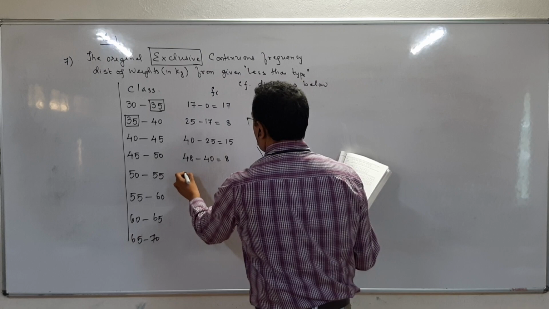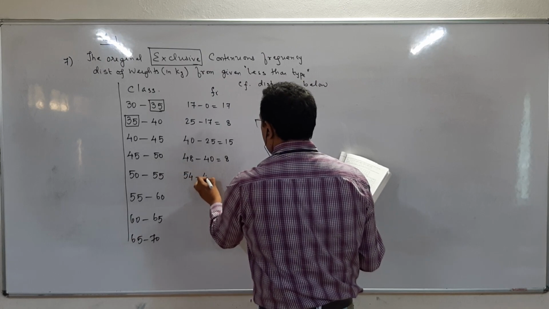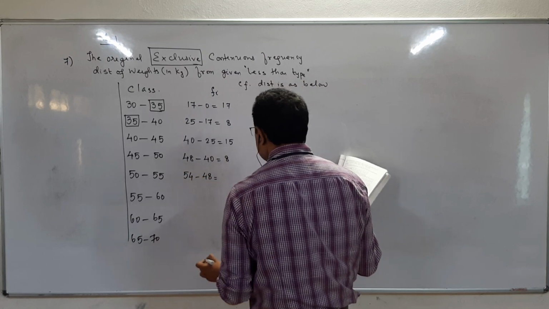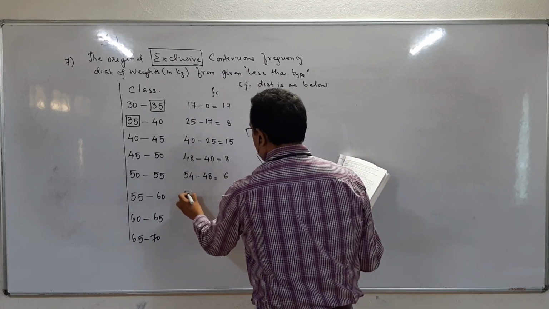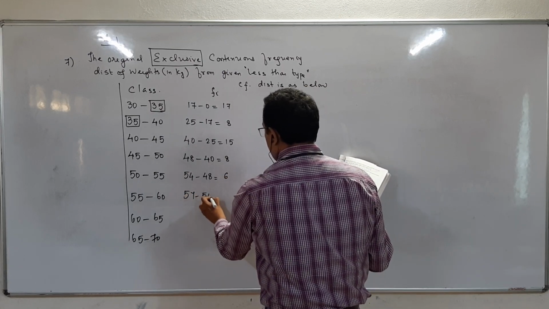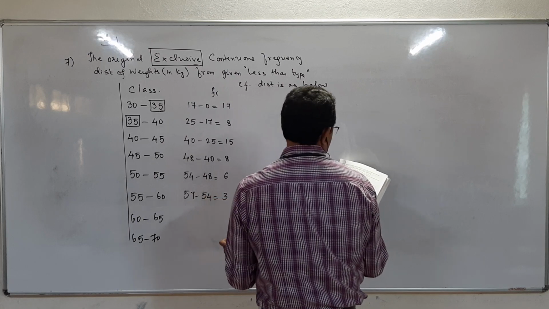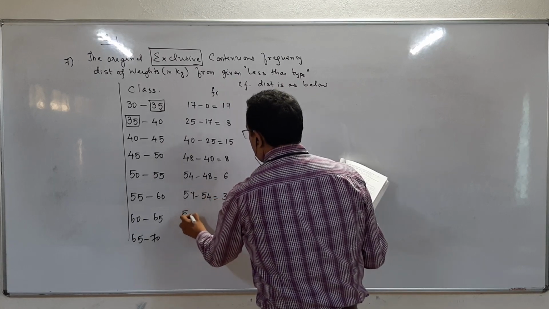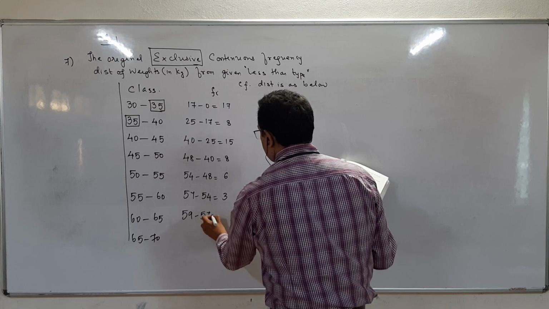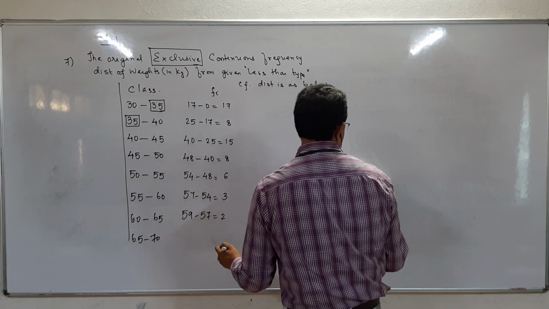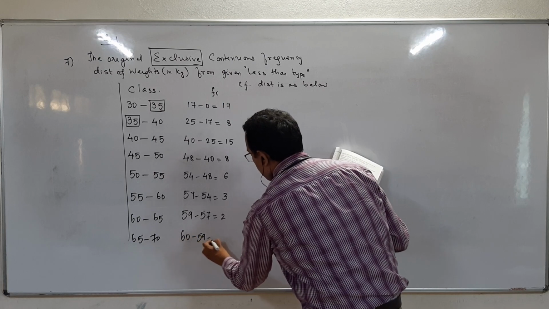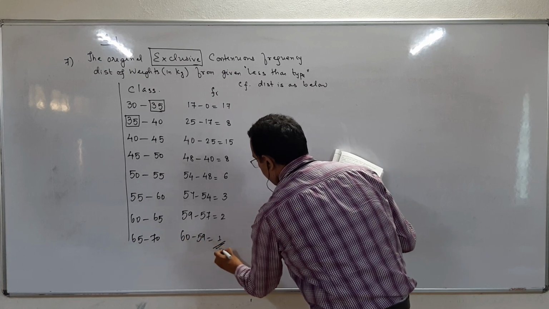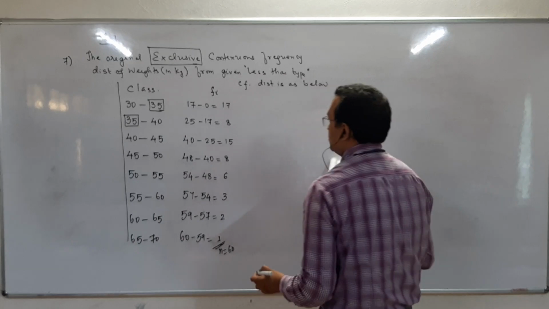Then 54 minus 48, so 6. Then 57 minus 54, so 3. 59 minus 57, so 2, and 60 minus 59, so 1. And if I total this, it will come to 60.